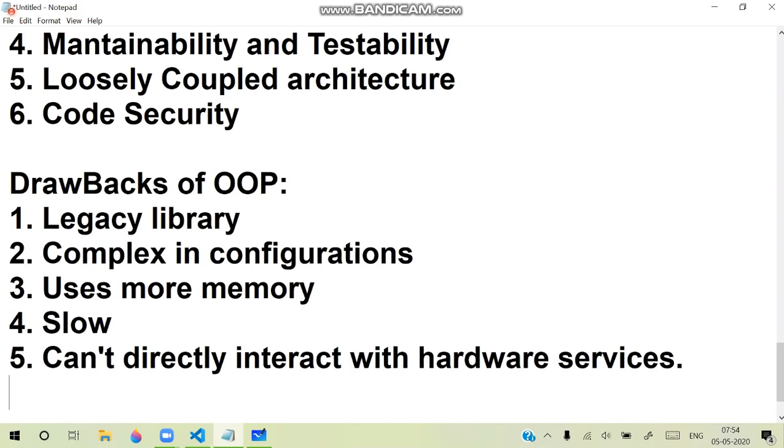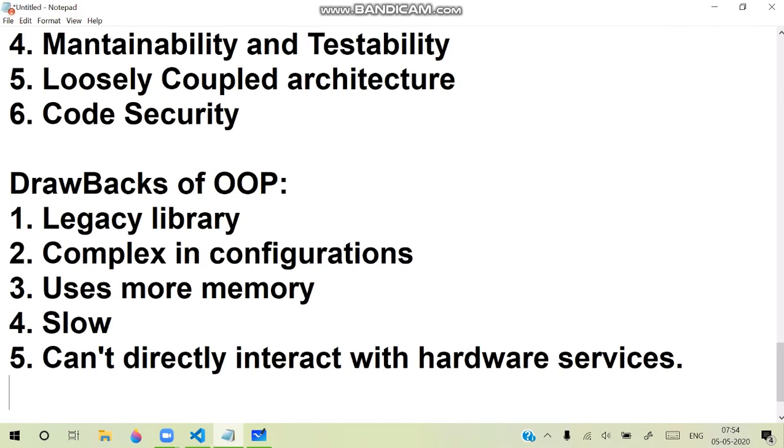Object-oriented programming has a lot of drawbacks. If you want to compromise on speed and memory, and you want a highly interactive, effective application, then you can build it using OOP. Otherwise, we go with POPS only, the process-oriented programming system.